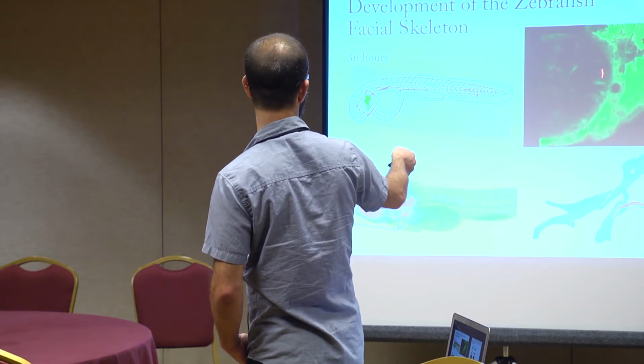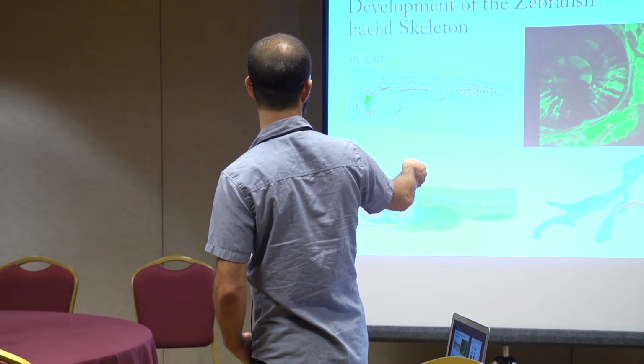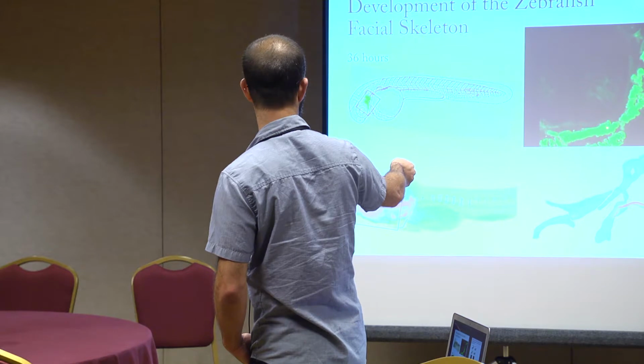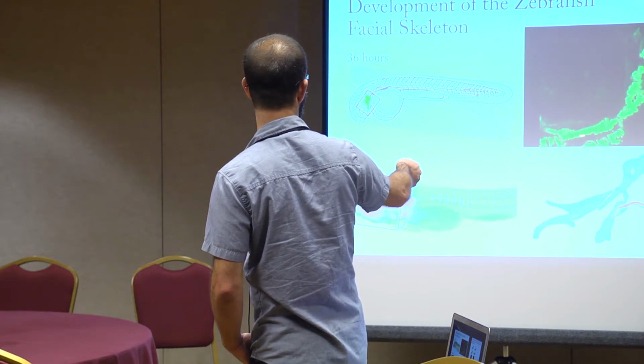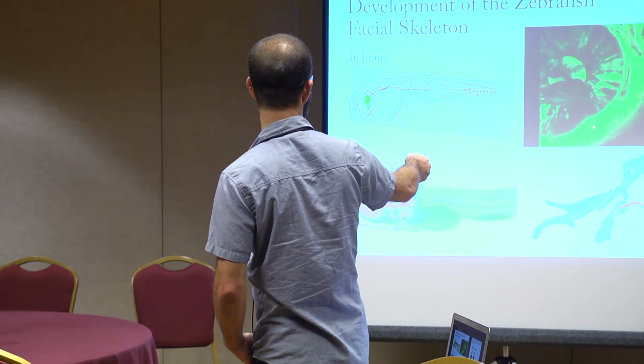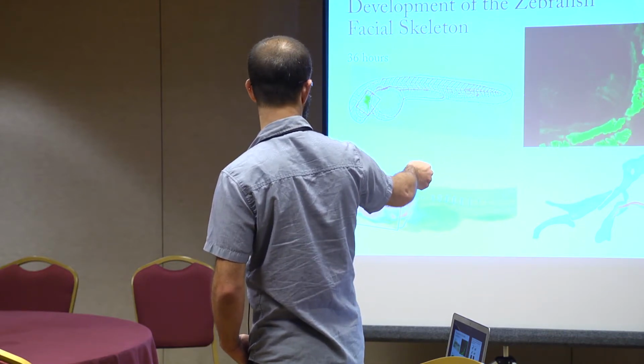This would be the eye, this would be the ear, and you can see these cells start to coalesce and form the lower jaw, the upper jaw. And this is a skeleton that then connects the jaw back up to the ear.